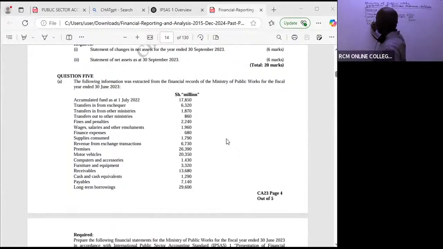Revenue from exchange transactions, we have 6730. So please, before I explain what revenue from exchange transactions means, are you able to confirm again that we are together up to here?